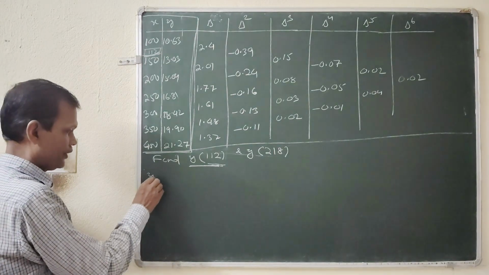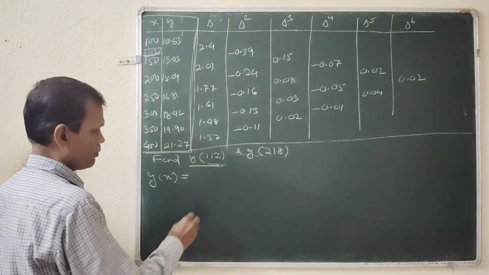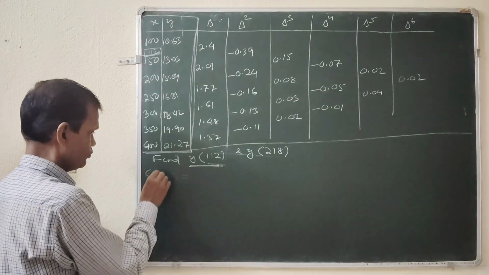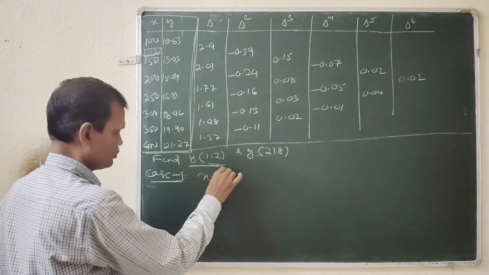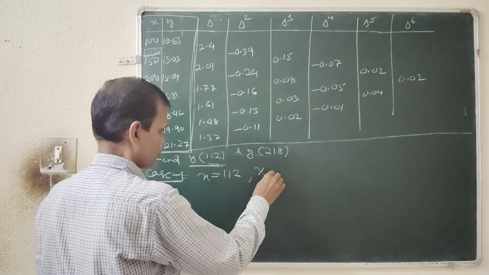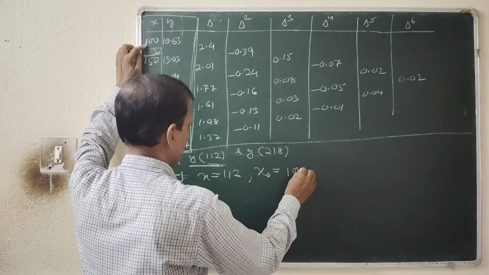So that is y of x. What is the formula? Here we will solve case 1. For this, x is equal to 112, and x0, just before 112, the data is 100.